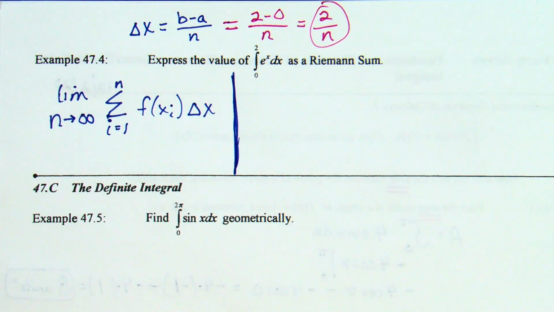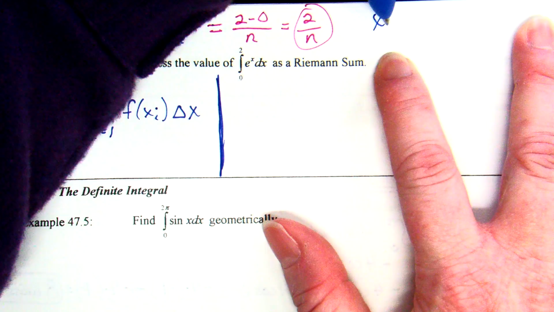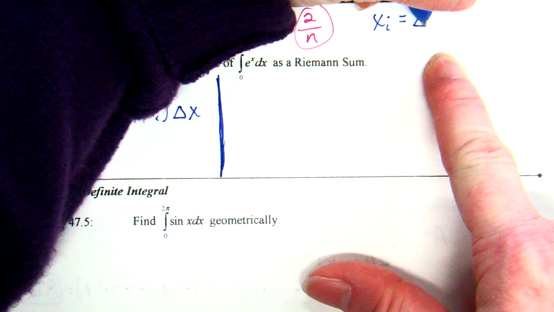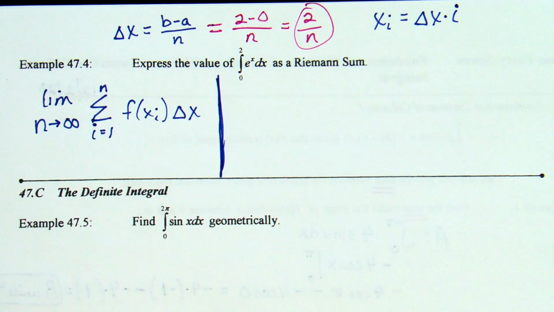The other thing we need to know going into this problem: you guys remember talking about x sub i when we were doing the infinite summation charts? Remember how we found x sub i? x sub i is delta x times i.